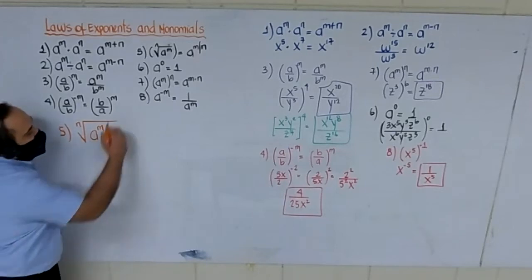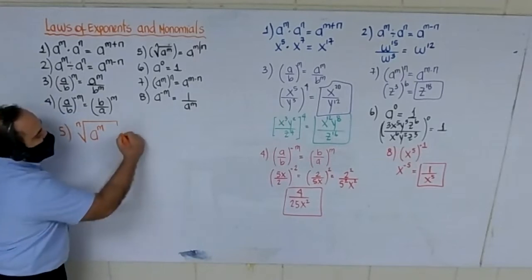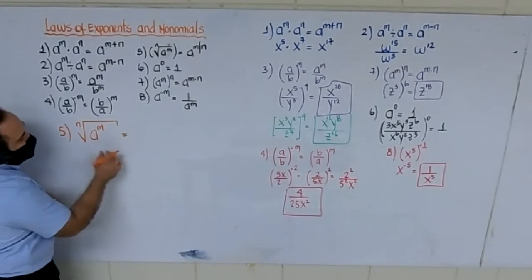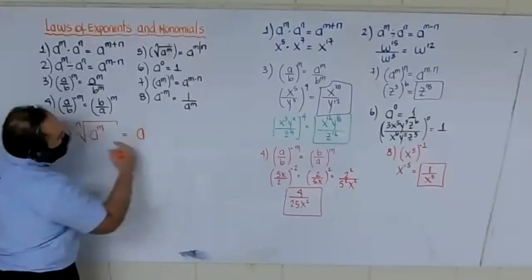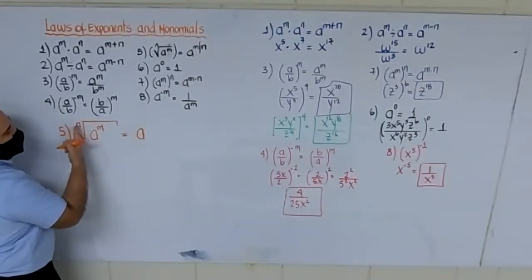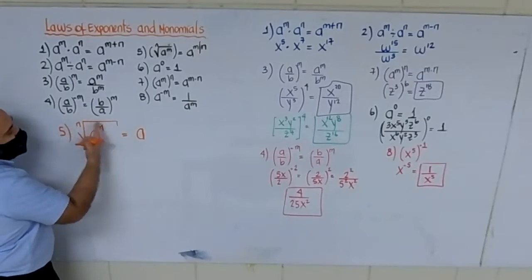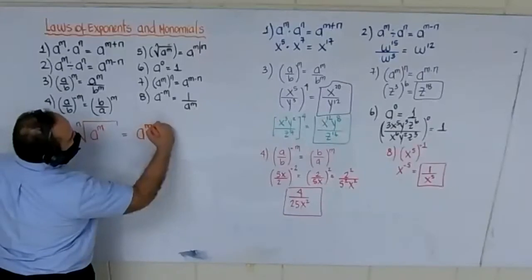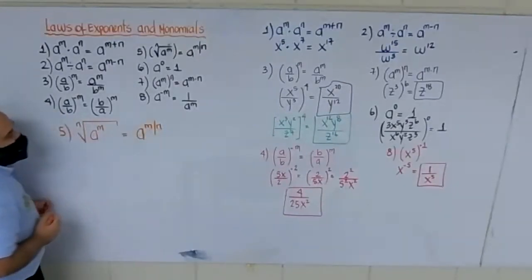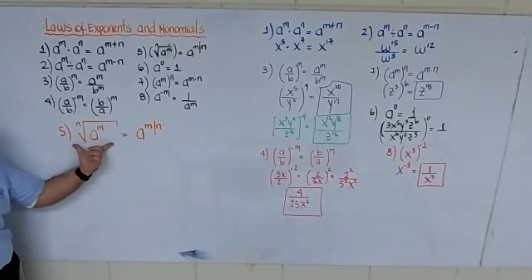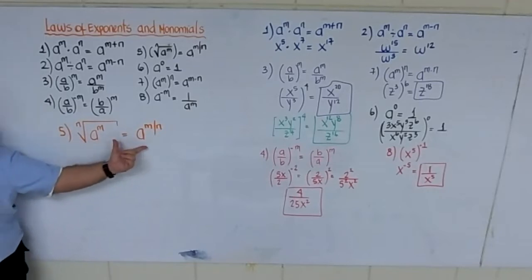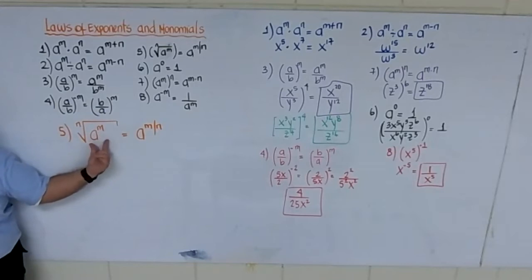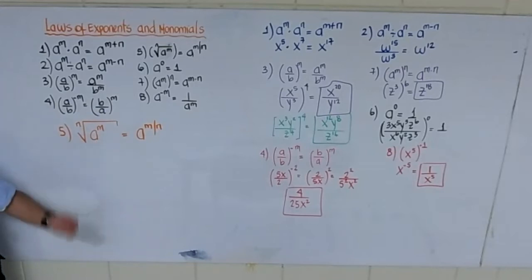And according to this rule, check this out. The only thing we have to do is copy the base, and the radical index n passes to divide the power m. So to transform this radical expression to a power, the index always divides the power of the base.